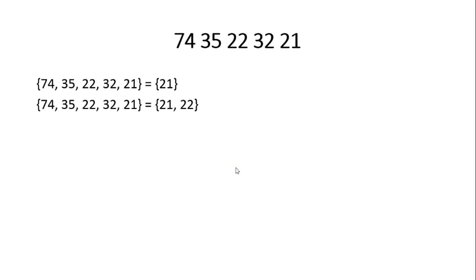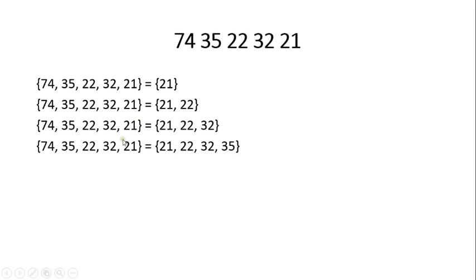Then it goes through the list again with the set minimum at 21. So the next number it would find would be the 22, and it would again set 22 as the minimum. As it goes on, it will find the next number, 32, then onto 35, and then lastly onto 74.